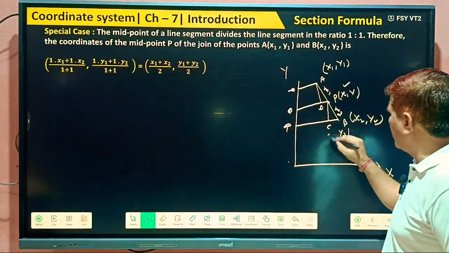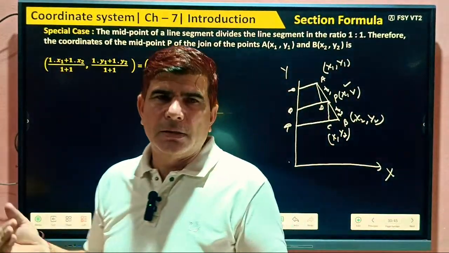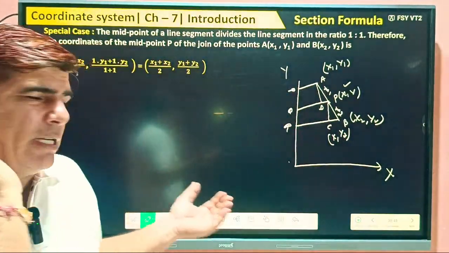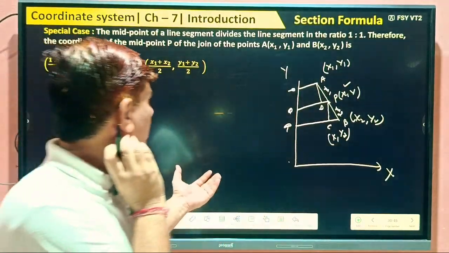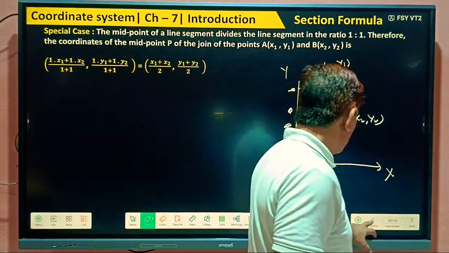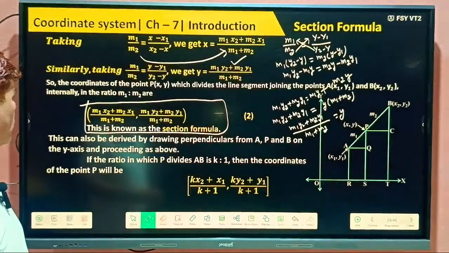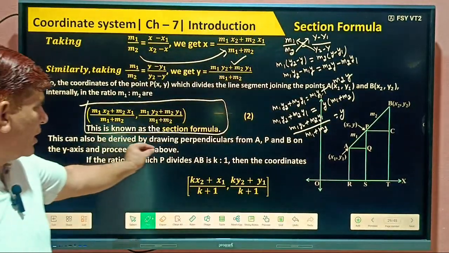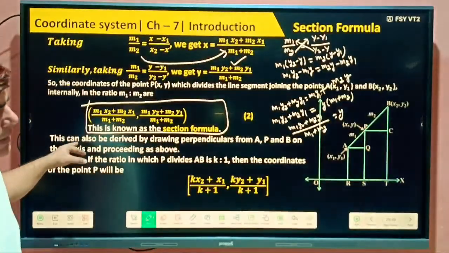This is just telling you if you want to solve by taking the y-axis. It's not important, already I told you, but if you know this formula, it's better. Understood? Yes or no? This can also be derived by drawing perpendiculars from A, P, B on the y-axis.